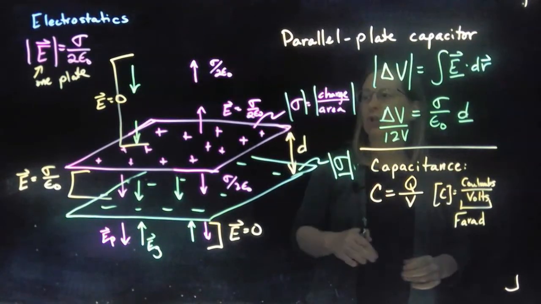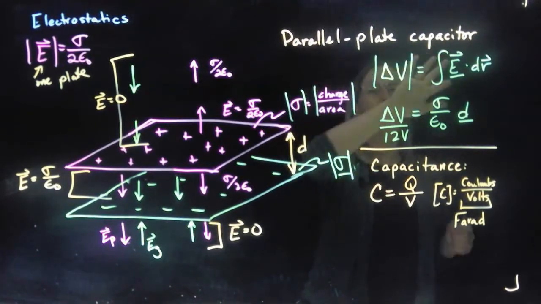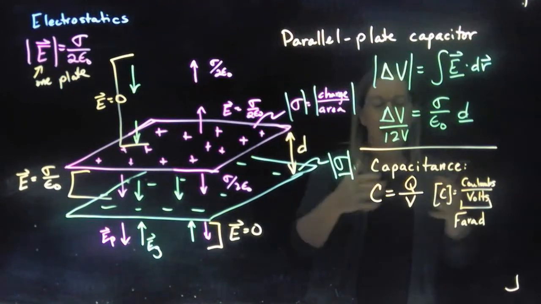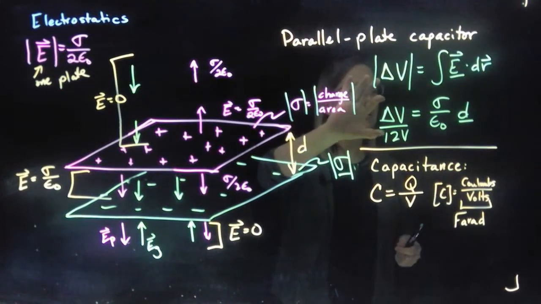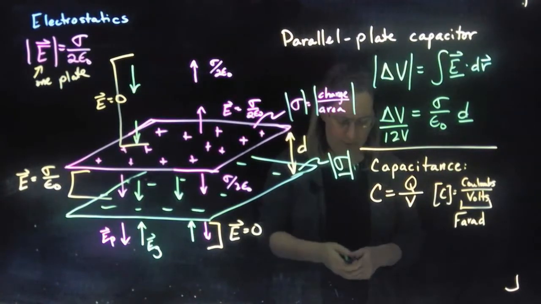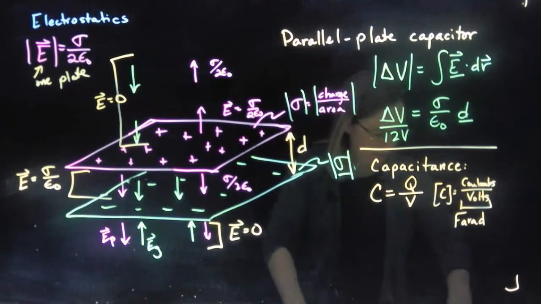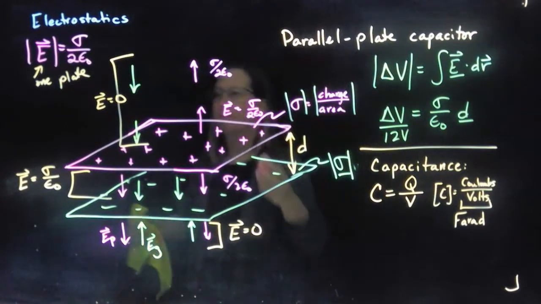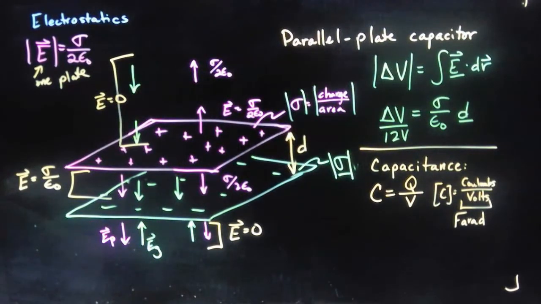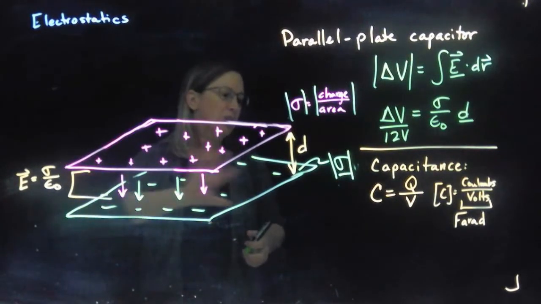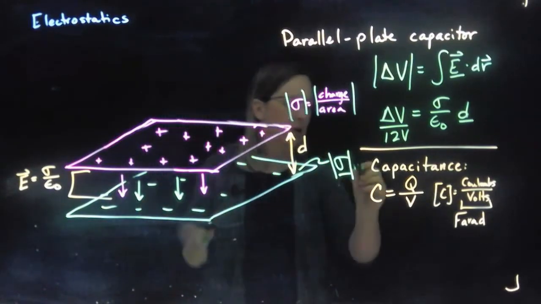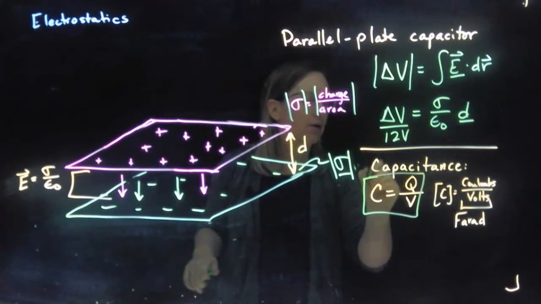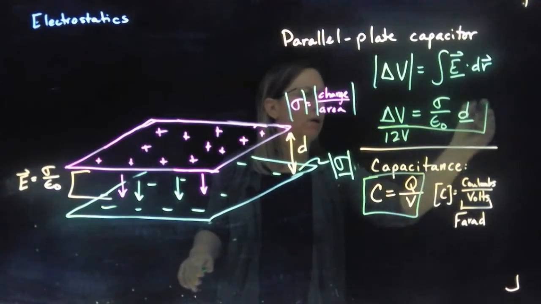So I want us to look at the capacitance of this parallel plate capacitor. How much charge can it hold at a given voltage? And it really shows up in this equation right here. So to look at the capacitance of this, we're going to use this equation right here and this equation right here.